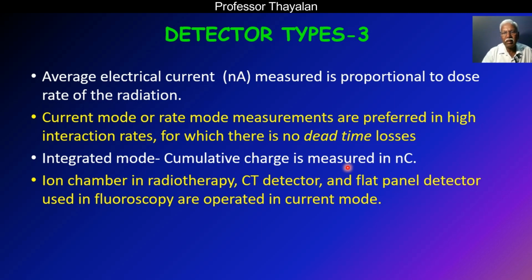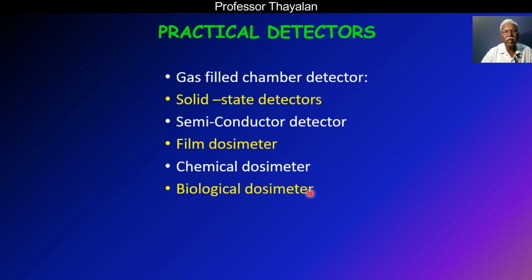That means when radiation is exposed over a period, we collect the total charge released by the radiation. Ion chambers in radiotherapy, CT radiation detectors, and the flat panel radiation detectors in a cath lab or fluoroscopy are operated in current mode. In general, we can divide the detectors for practical convenience.